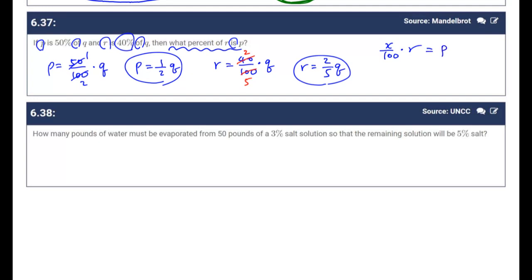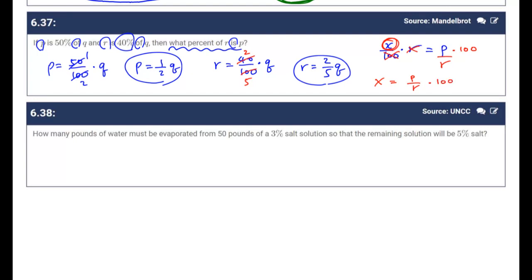So I need to find what, which is X right here. Well, if I leave X alone right here, then R has to go down there and 100 has to be multiplied on top, right? So we know X equals P over R times 100, right?